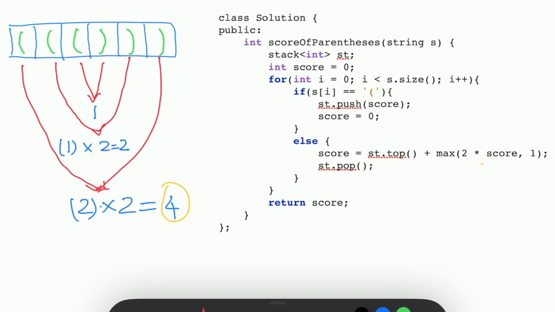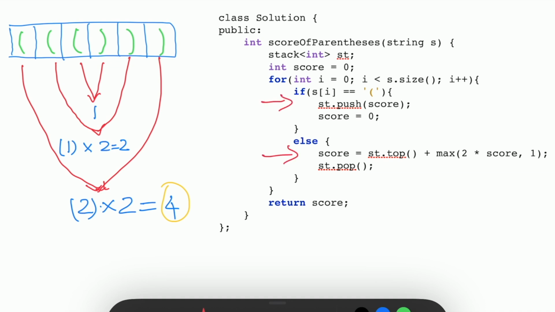We will be iterating through each character in the string. So that's why it's starting from i equal to 0 and going until the size of the string. There are going to be only two characters. One is open parenthesis and another one is close parenthesis. So what is the rule for open parenthesis and what is the rule for close parenthesis?